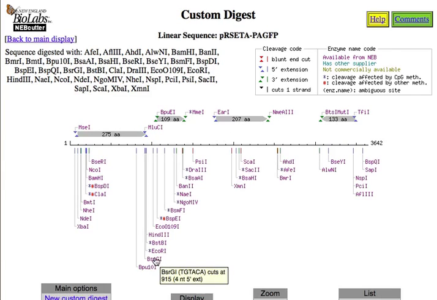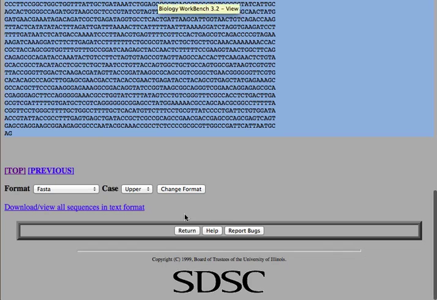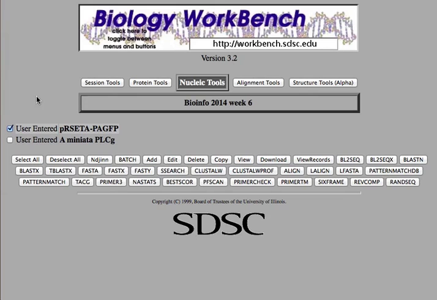So what do we do with this? Okay, well, now that we know the restriction site that we want, we go back to Biology Workbench. We need to analyze our DNA to make sure it doesn't have a BSRG1 site in an unusual place. So there's A miniata, the DNA that we want to use.